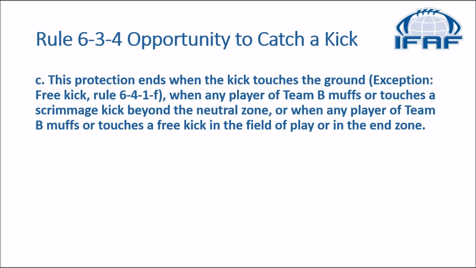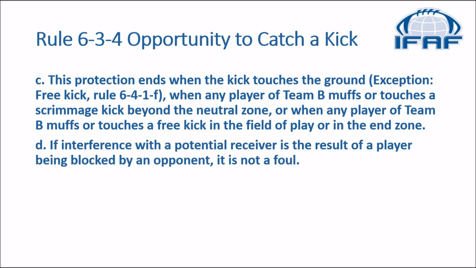C goes on to say this protection ends when the kick touches the ground. The exception is Rule 6-4-1F on a free kick, when any player of Team B muffs or touches a scrimmage kick beyond the neutral zone, or when any player of Team B muffs or touches a free kick in the field of play or in the end zone.